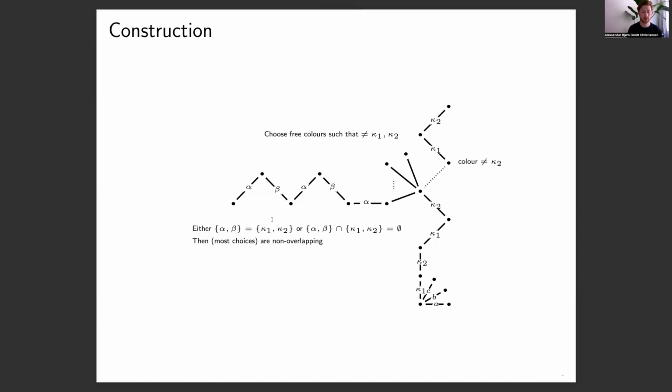Then we would just pick the available color at U to be the other one, and we would stop our construction at this very vertex, and we would know that in most cases we sit in a different component in the graph induced by all edges colored kappa 2 and kappa 1. And so we know that we will actually not go back and overlap with the Vizing chain that we used to get here most of the time.